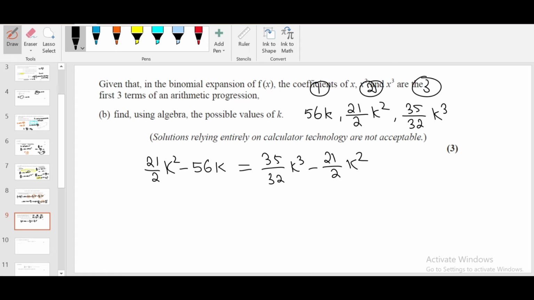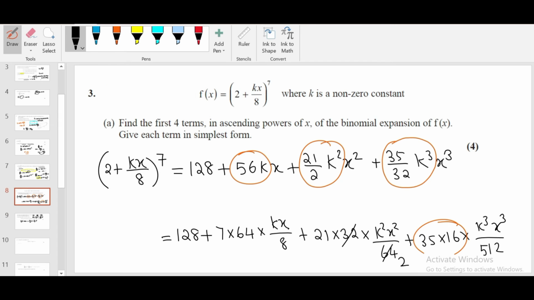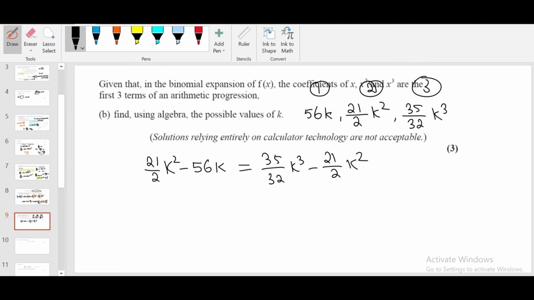We can cancel k throughout. You can divide by k, because the question says k is a non-zero constant, so k cannot be 0. So you divide everything by k, and then we need to carefully solve it. I think you will get a quadratic equation.